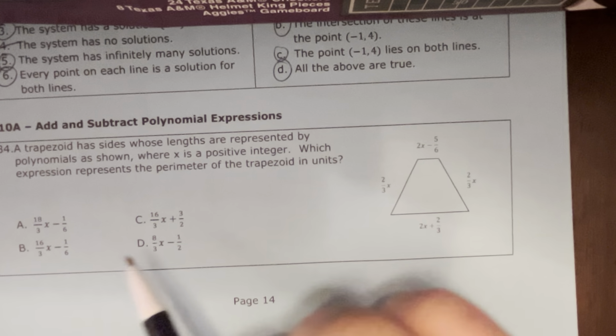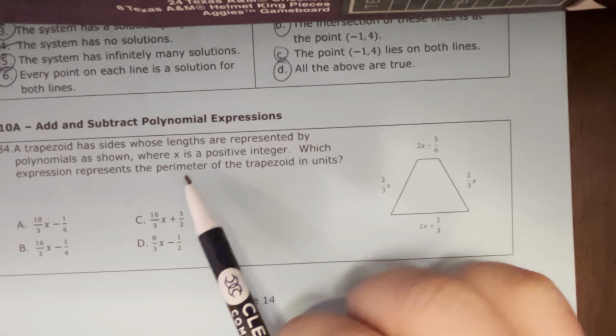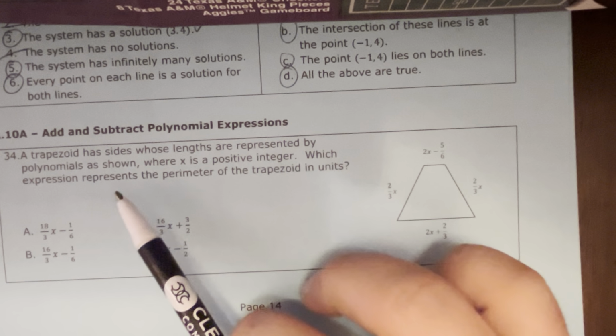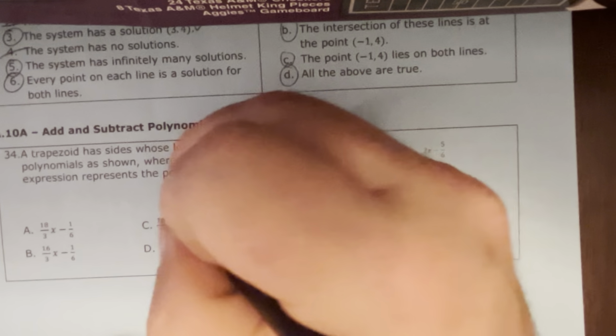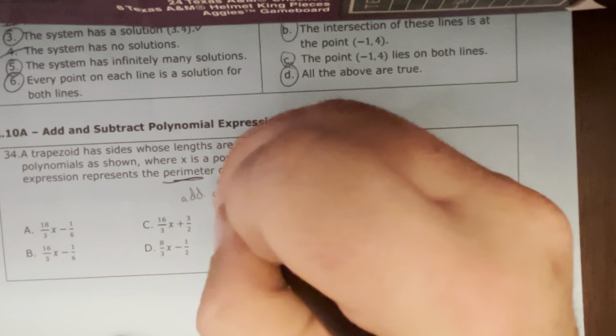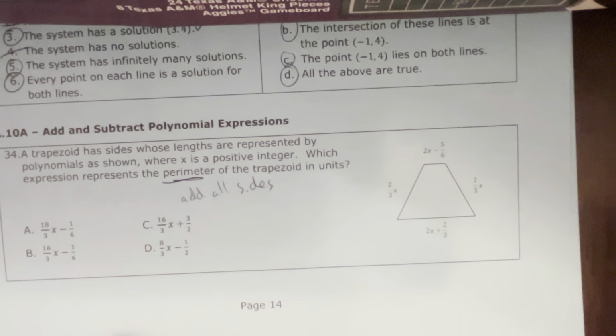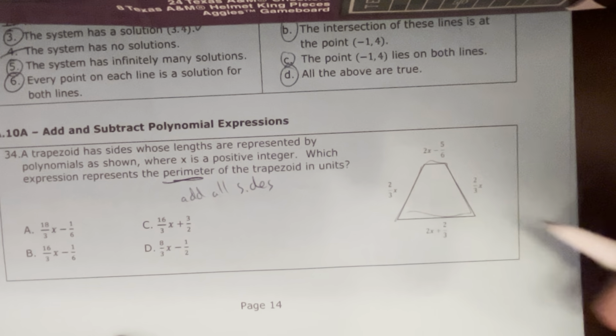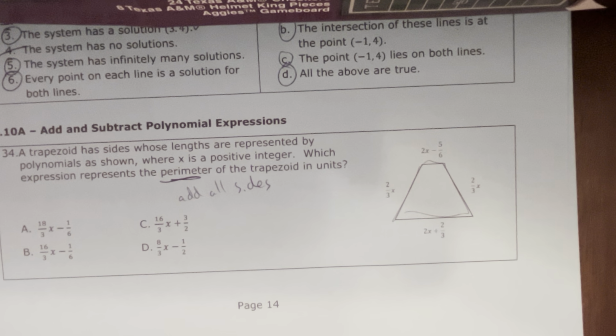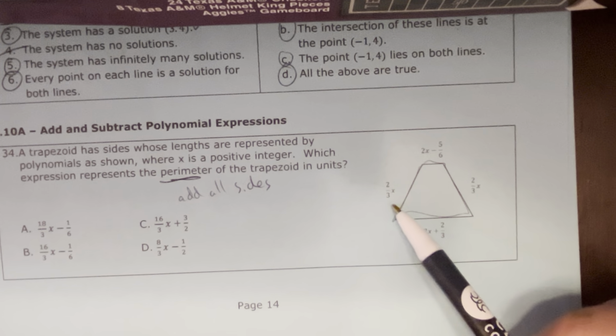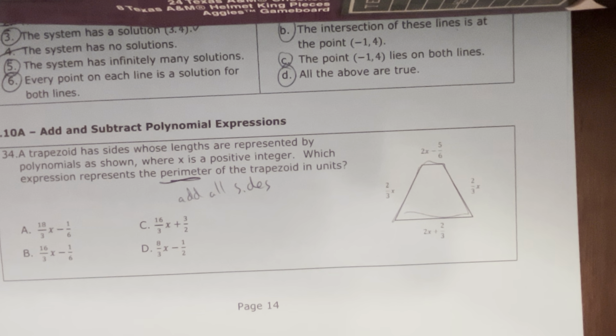A trapezoid has sides whose lengths are represented by polynomials as shown, where x is a positive integer. Which expression represents the perimeter, which means add all sides of the trapezoid? So we're just going to add everything together and combine like terms. We're going to combine our x's first. I'm going to put it in Desmos, and then I'll let you know what I get. Inside Desmos, I'm just going to do all my x's first.